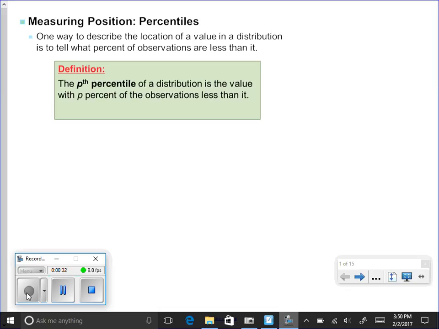So to find the P percentile, you take the percent of observations that fall less than that value. So you would count the number of observations below. The first step: count the number of observations that fall below the value.